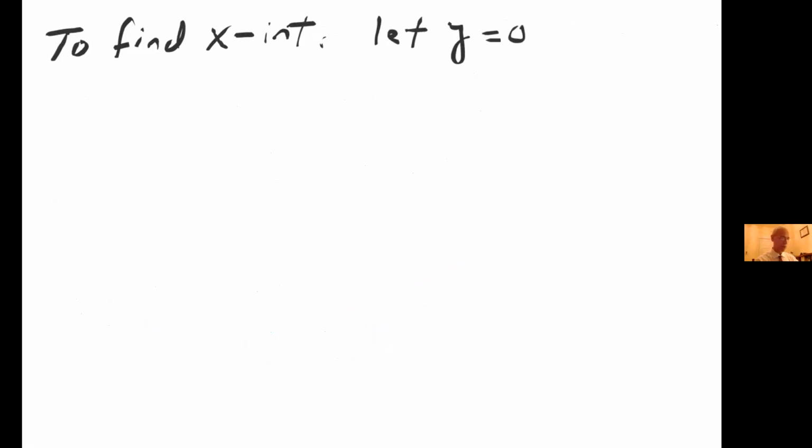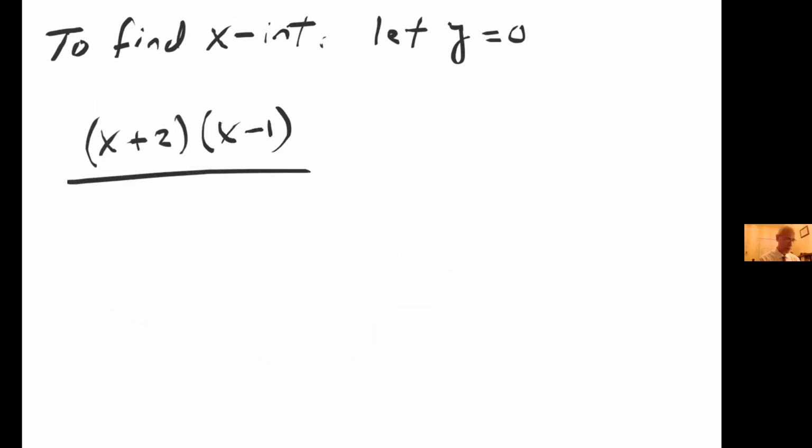So to find the x-intercept, let y equal 0. So I'm going to set (x plus 2)(x minus 1) over (x minus 3)(x plus 1) equal to 0. Remember that it is sufficient for the numerator to equal 0.